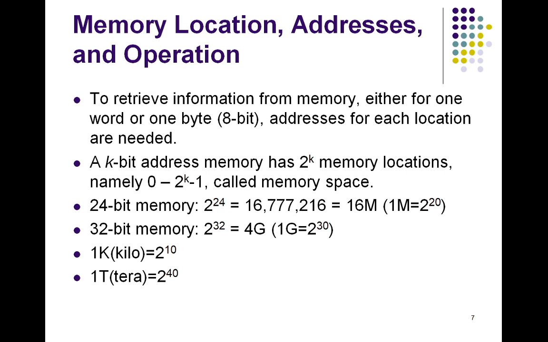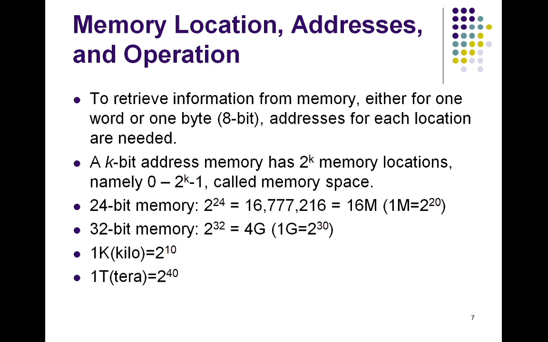Similarly, if the address space is of 32 bits, then you can expect 2 raised to 32 different memory locations. So 2 raised to 32 means 4G, where G stands for giga, that is 4 giga locations.